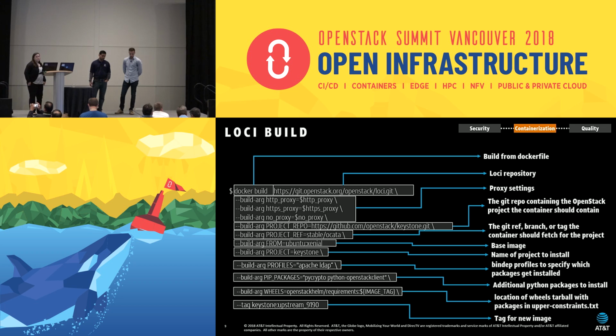The next one is a project. This again is using Keystone profiles, as I just explained. Apache and LDAP are the profiles for Keystone. Pip packages are any additional packages that you would like to install in the image. Wheels is the location of the wheels tarball or the wheels image.